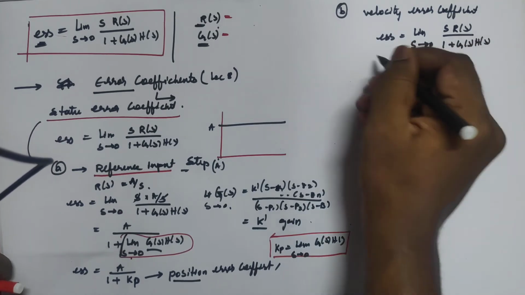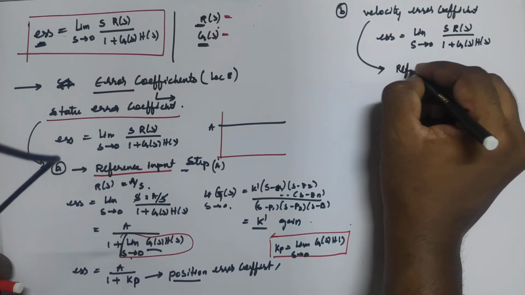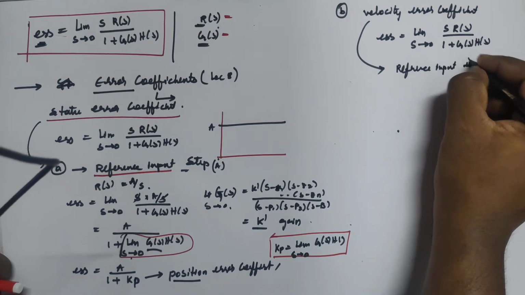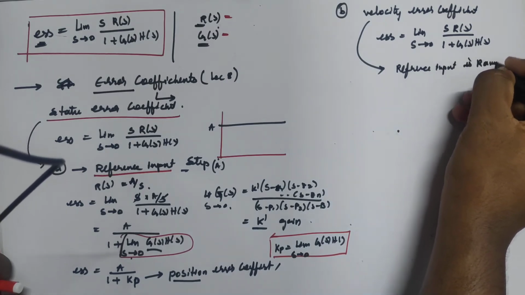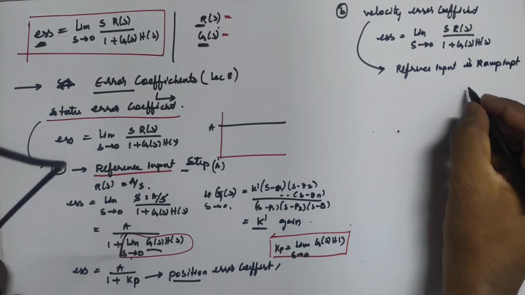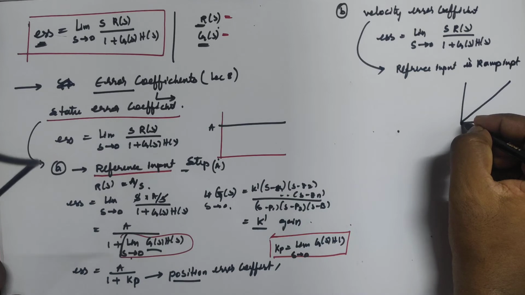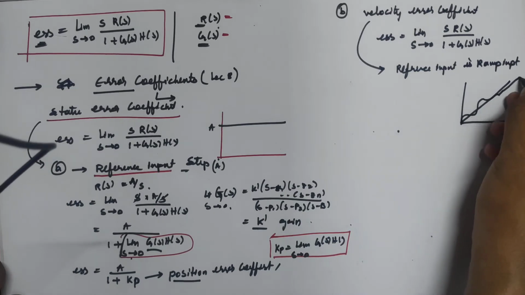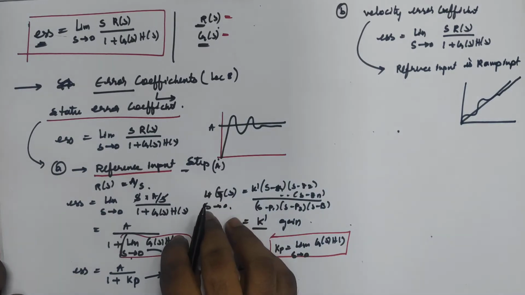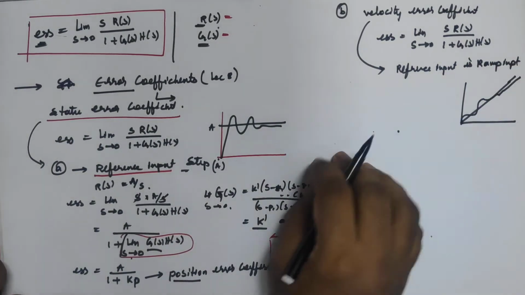We know this. Now this velocity error coefficient comes only when the reference input is a ramp input. For the step input the response is like this, and for the ramp input the response is like this. We'll have some error here.